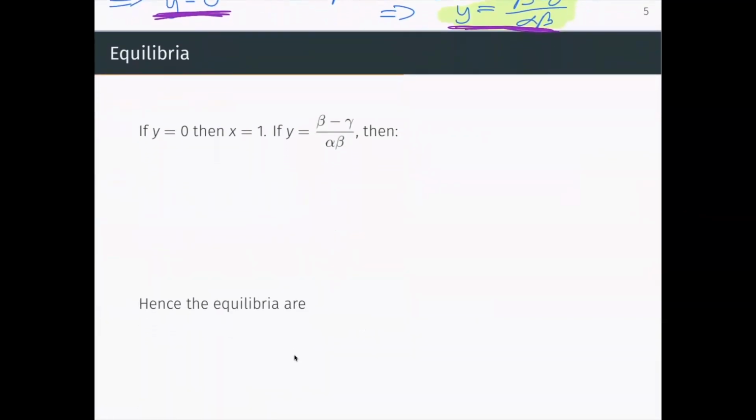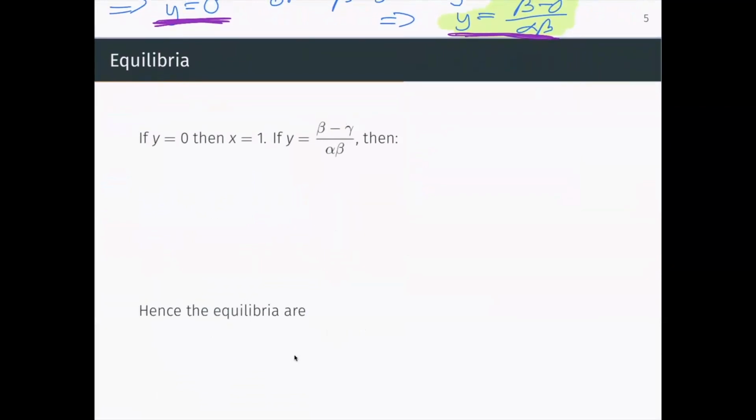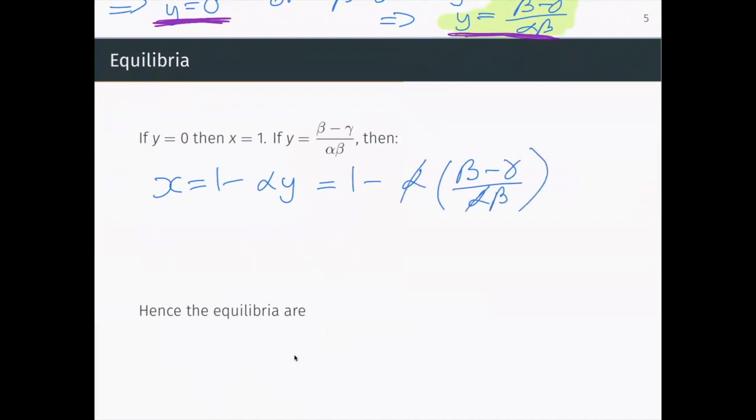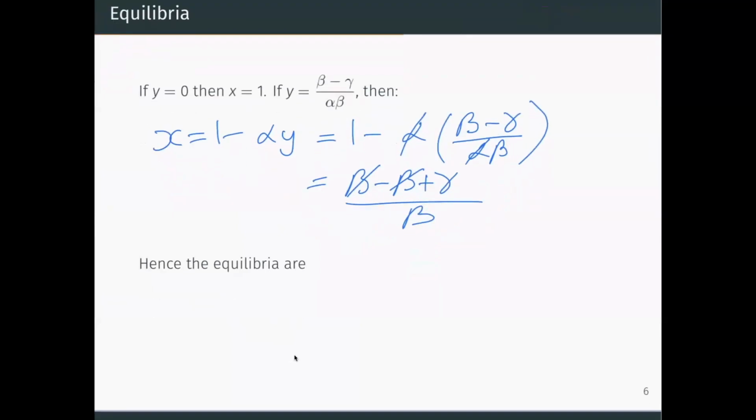So if y is equal to (beta minus gamma) over alpha beta, then x is equal to 1 minus alpha y, which is going to equal 1 minus alpha times (beta minus gamma) over alpha beta. Now these alphas are going to cancel, and we can write this all over one fraction. So we have (beta minus (beta minus gamma)) over beta. Sorry, there should have been a plus gamma, creating a minus gamma. These betas cancel, so we're just going to have gamma over beta.